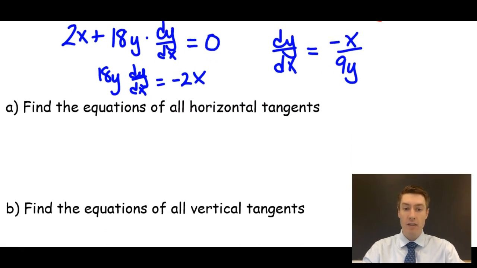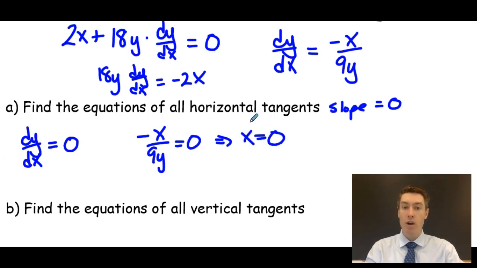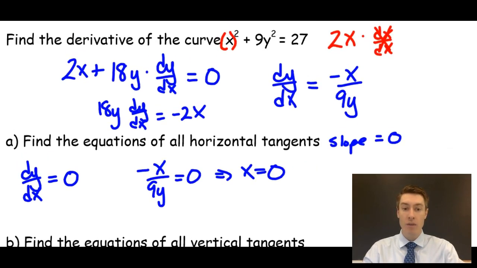So now continuing, write the equation of all horizontal tangents. Well, a horizontal tangent means the slope is equal to 0. So I'm looking for all points where dy/dx is equal to 0. So negative x over 9y equals 0. So when does that happen? That happens when x equals 0. But I want the equation of the horizontal tangent lines. Those are y equals equations, and I need y equals values.